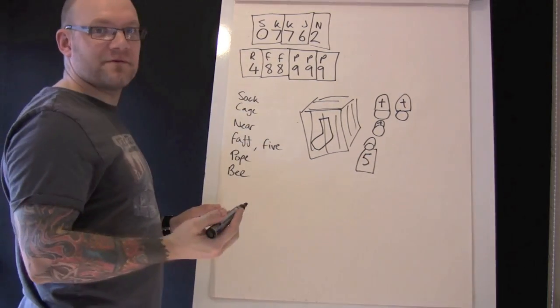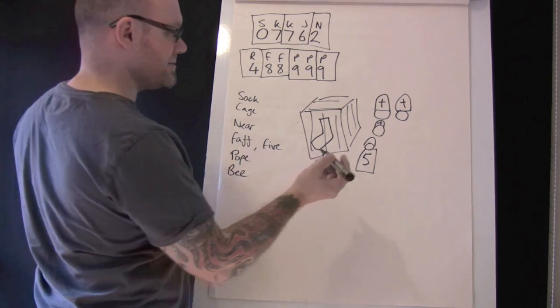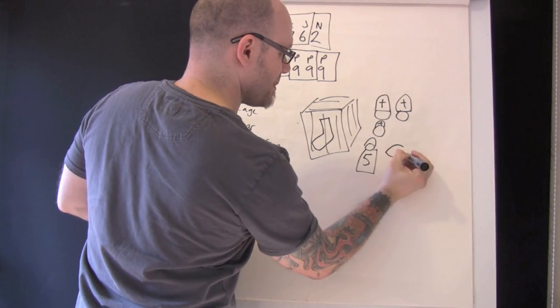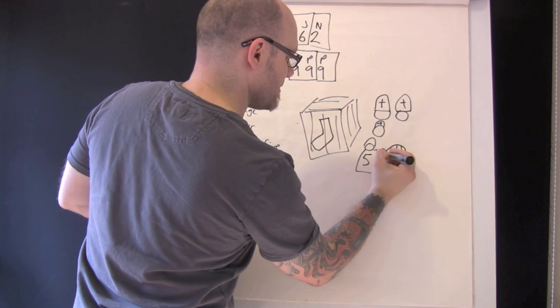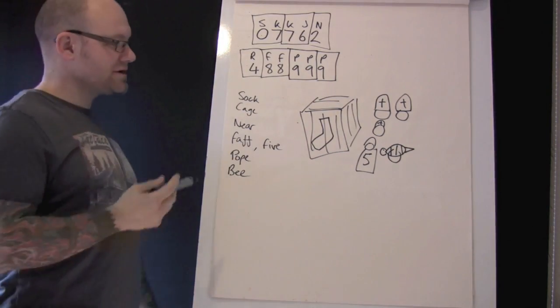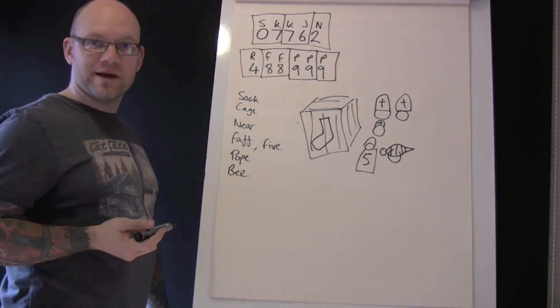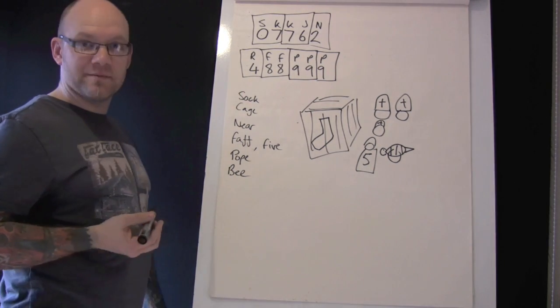Maybe he plays for your favourite football team as number 5, whatever. Near 5 pope, and he's being chased by a great big B. Okay, so sock cage, near, 5 Pope, B. Now that is just one example of how you could remember that phone number.